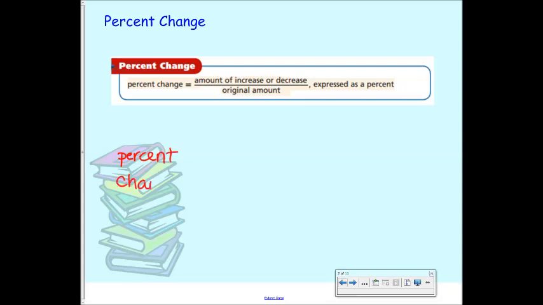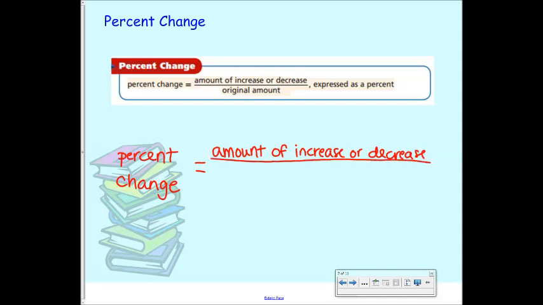All right, so percent change is equal to the amount of increase or decrease, the amount that something went up or down, over the original amount.